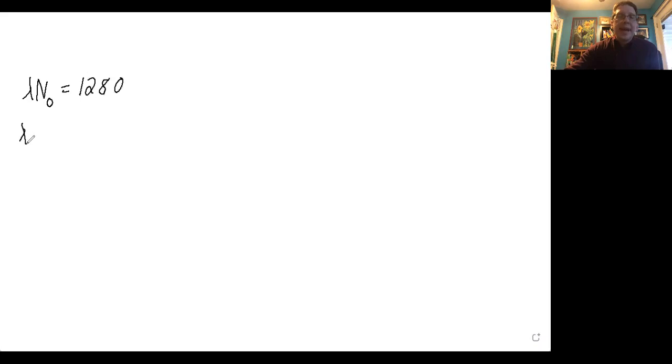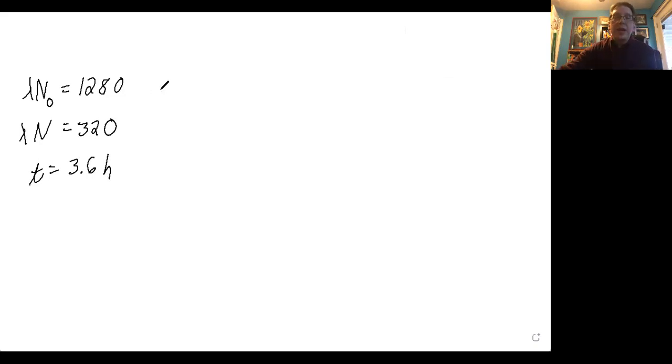And then lambda n at a later time t is, which we're given, 320. And t is equal to 3.6 hours. And so we're asked, what is its half-life?